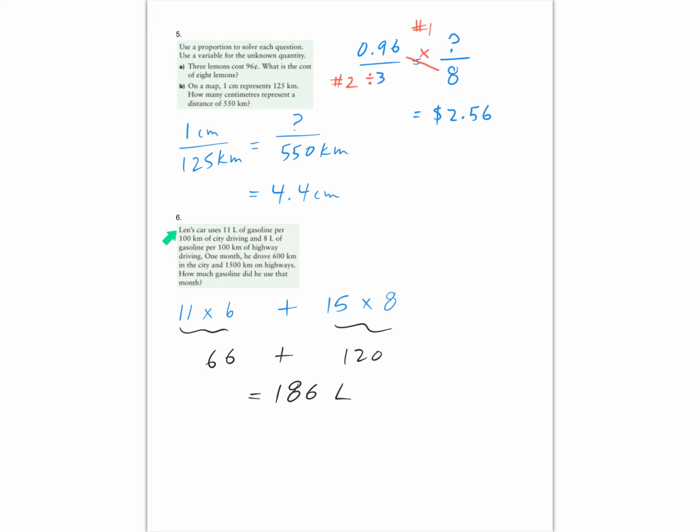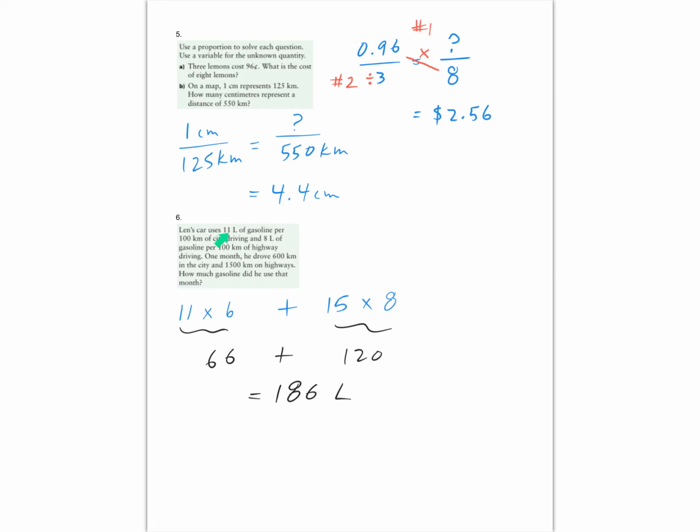Okay, number 6 here. Len's car uses 11 liters of gas per 100 kilometers of city driving and 8 liters of gas per 100 kilometers of highway driving. So what that means is in the city, if Len travels 100 kilometers driving around town, up to Sherwood Park, maybe he goes to work downtown and back every day from the south side, as soon as he's driven 100 kilometers in the city, he has used 11 liters of gas.